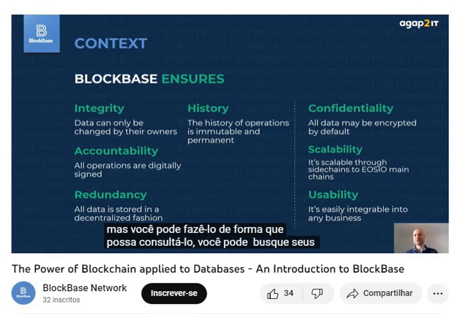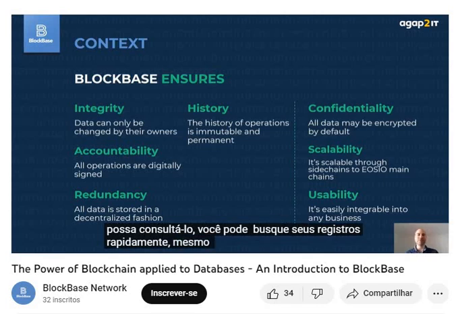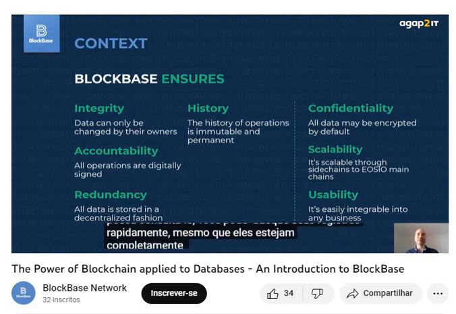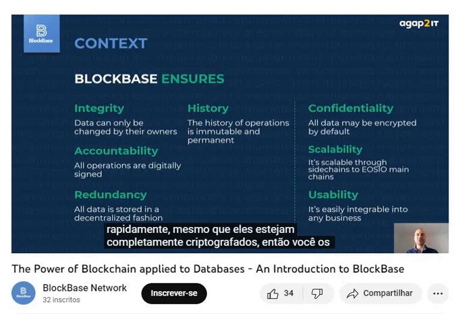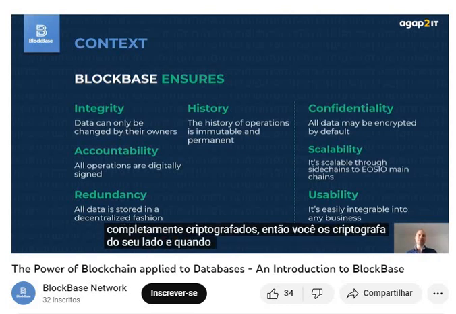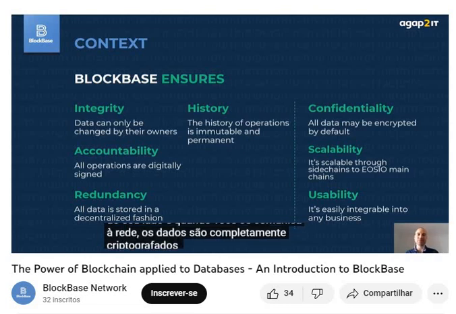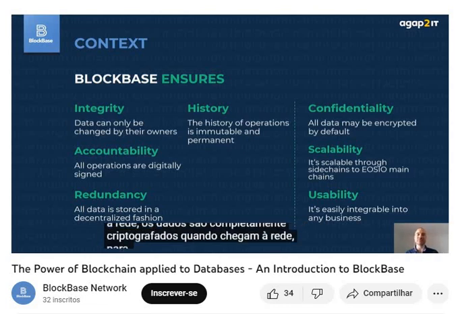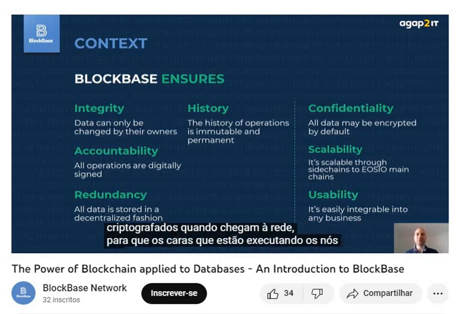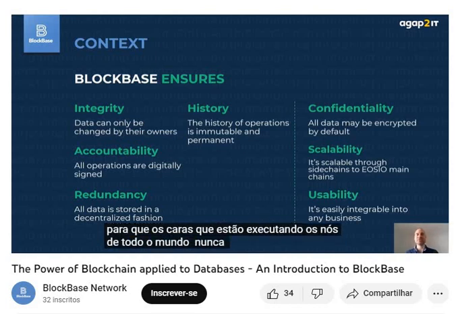You can fetch your records pretty quickly, even though they are completely encrypted. You encrypt it on your side, and when you communicate it to the network, the data is completely encrypted when it arrives to the network. So the guys who are running the nodes from around the world will never see the true nature of the data.